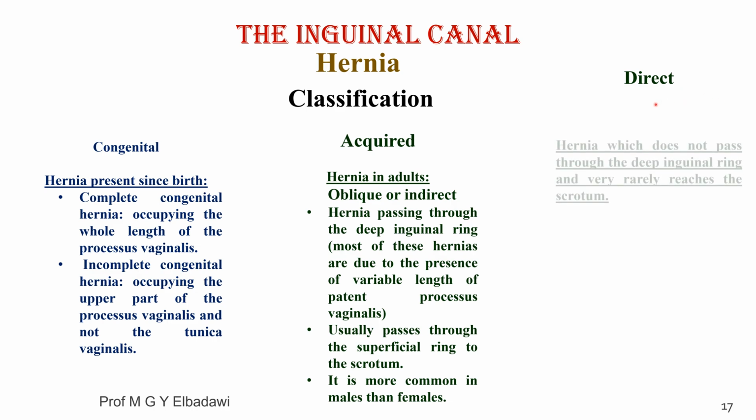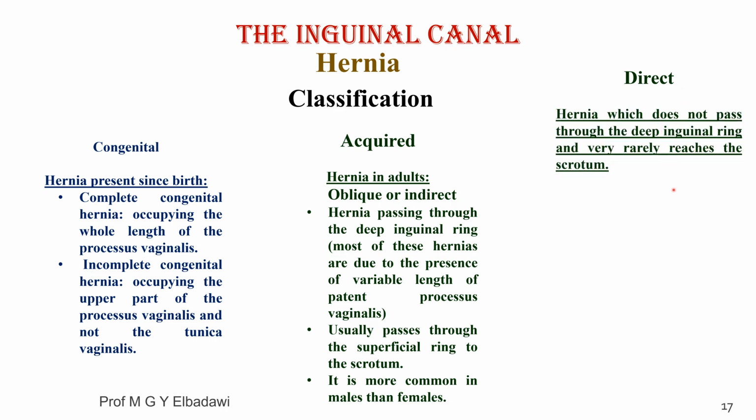Another type of the acquired is the direct hernia, which does not pass through the deep ring but totally through the posterior wall of the canal. That's why it very rarely reaches the scrotum, because it does not pass through the superficial ring.